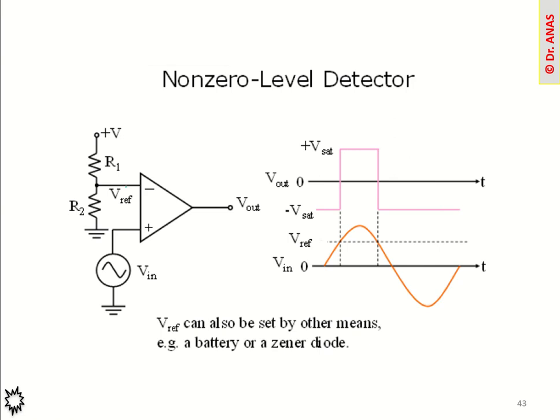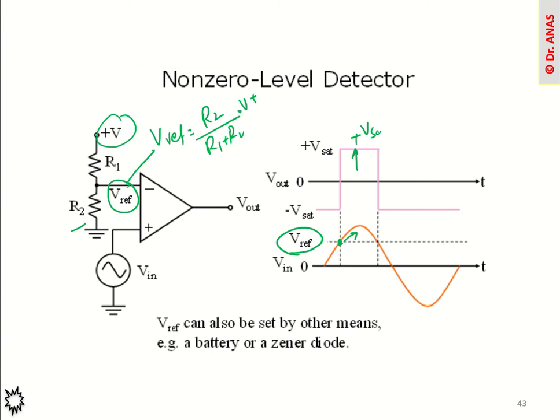Okay, for example, V reference voltage. So basically V reference voltage will be equal to the drop here, R2 divided by R1 plus R2 multiplied with the supply voltage. Okay, so we can control using the supply voltage or the resistance value, whatever reference we want. For example, if you define this reference, so now when the value of the signal goes above this reference, we will get the positive V saturation, and when the value goes below this, we will get the negative V saturation.